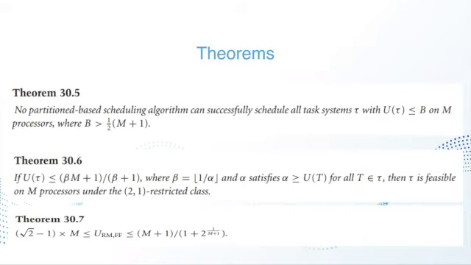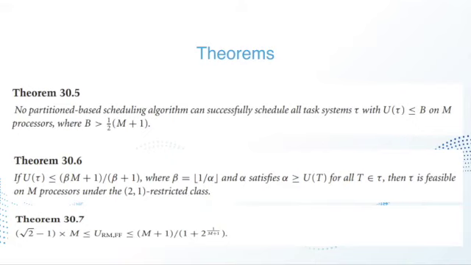Theorem 30.6 shows that if u(tau) is less or equal than (beta·b+1)/(beta+1), where beta is the floor of 1/alpha, and alpha satisfies alpha greater or equal than u(t) for all t belonging to tau, then tau is feasible on m processors under the 2 and 1 restricted class.